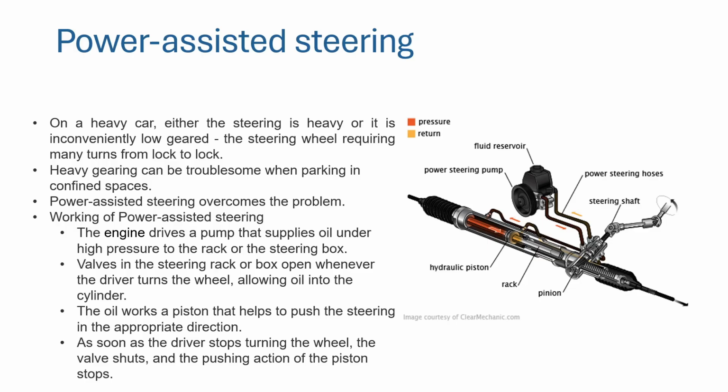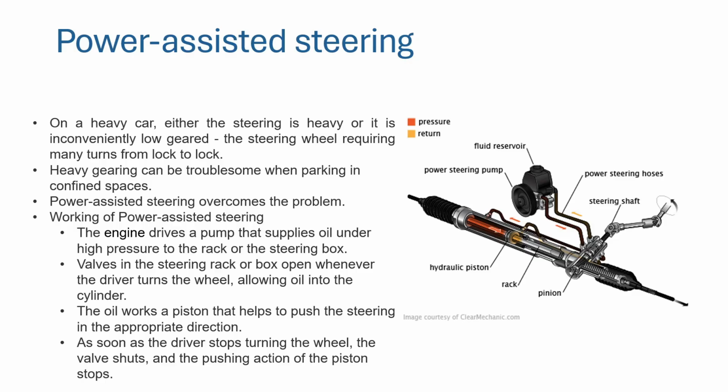To avoid the problem of this low geared or heavy steering, we can use the power assisted steering system. So, what is the power assisted steering system and how does it work? Under the power assisted steering system, some hydraulic power or force assists the manual force of the steering wheel in such a way that the steering can be done very quickly and smoothly.